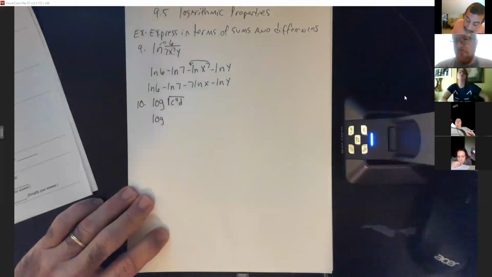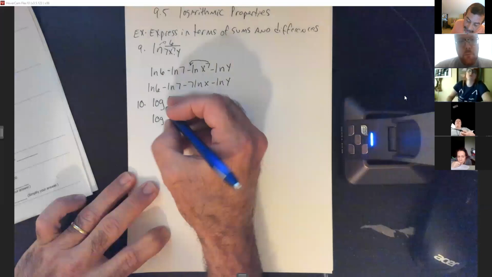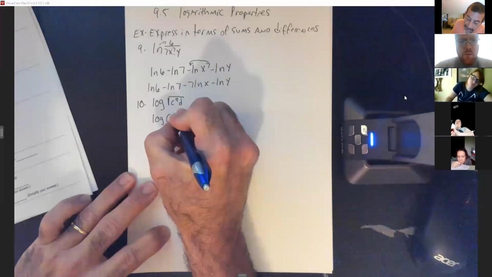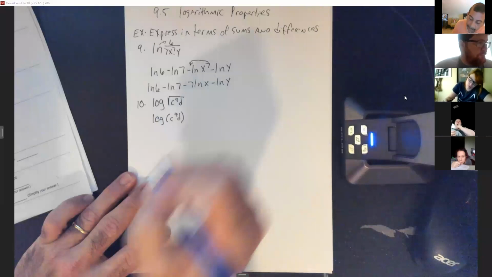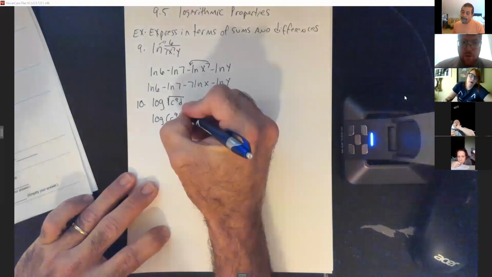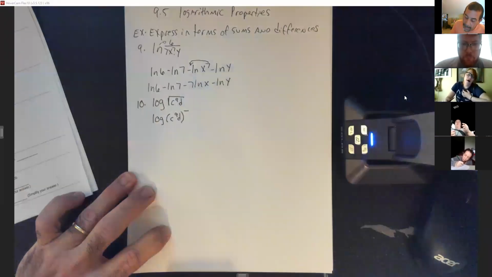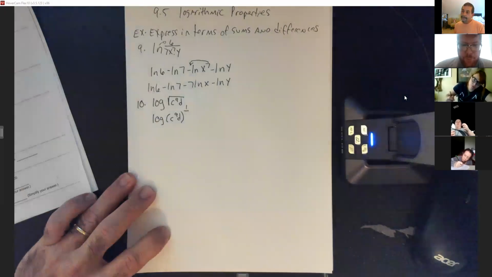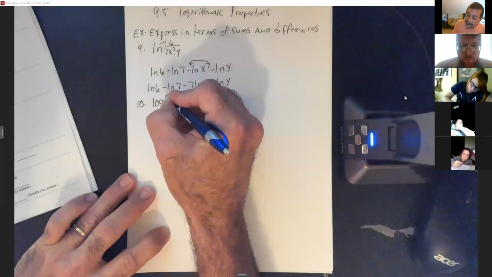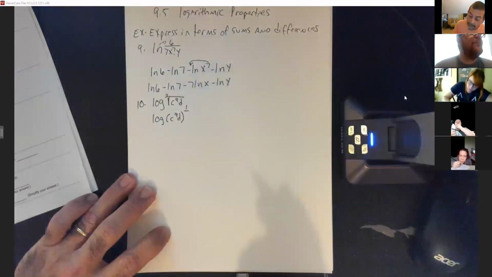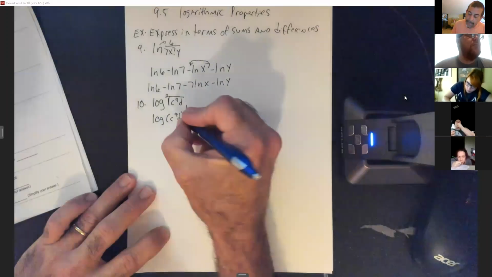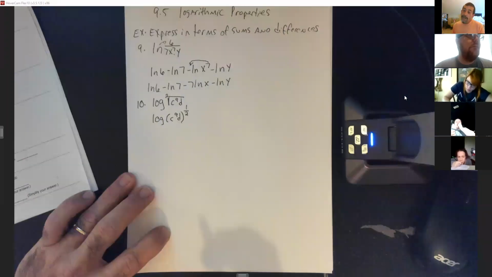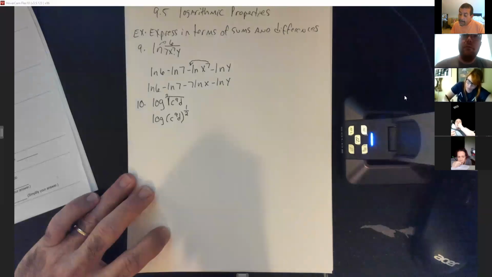So when I rewrite this, I'm going to put my c to the 9th d in parentheses and rewrite that radical. So the top exponent would be a 1. The bottom exponent would be the index, but remember there's no number there. So if there's no number there, we always treat that number like a 2.